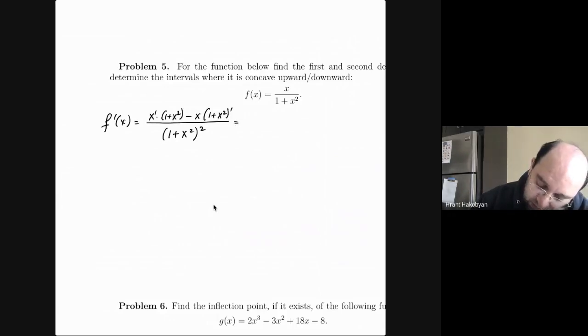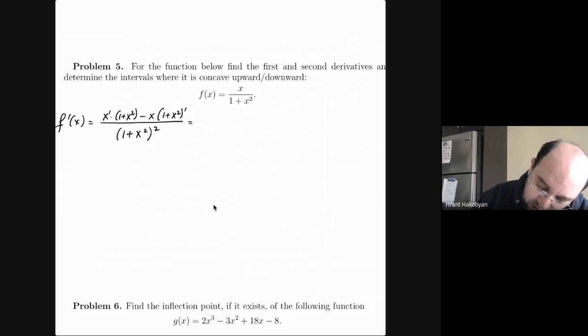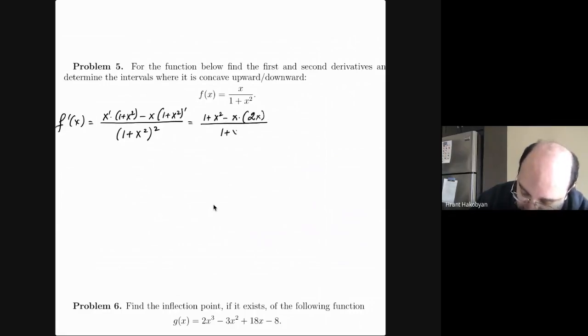So x prime is 1, so I get 1 plus x squared minus x times the derivative of 1 plus x squared, which is just 2x, over 1 plus x squared squared.